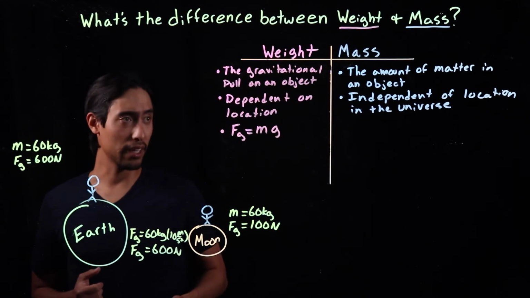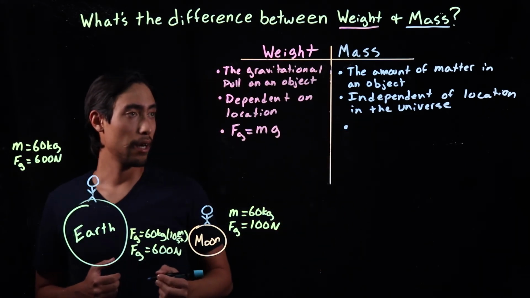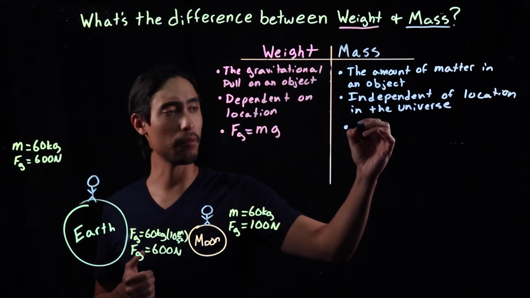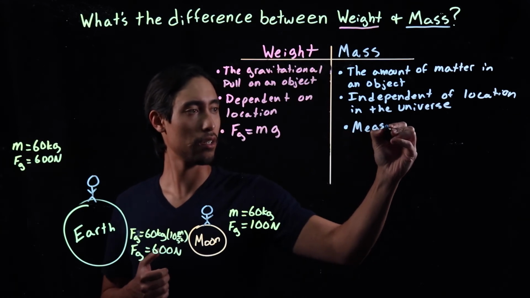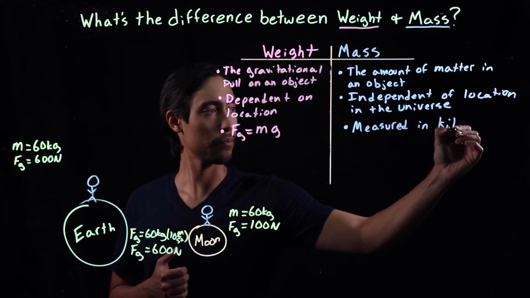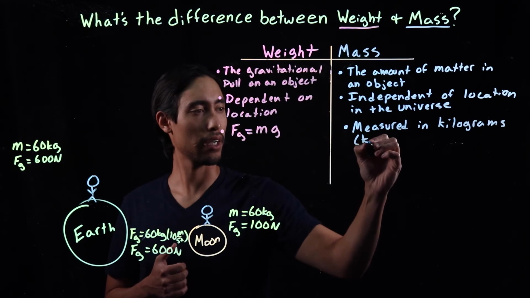All right. A couple more things to add, little housekeeping items, is that mass, and we already kind of wrote it over here, the base SI unit for mass is measured in kilograms, or kg.